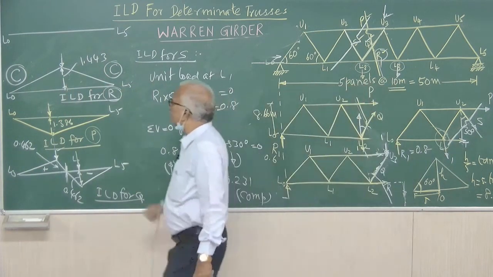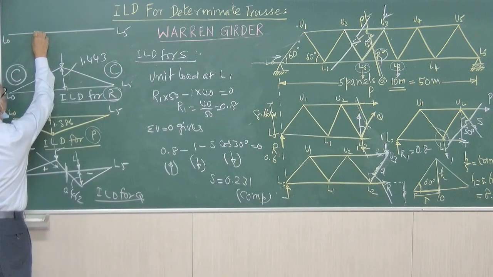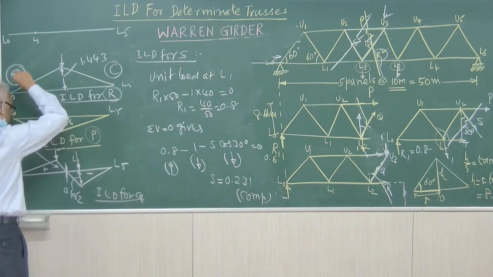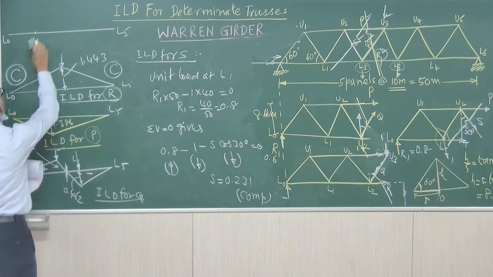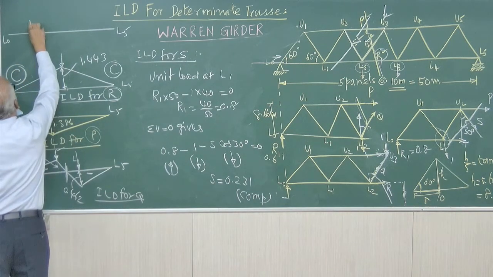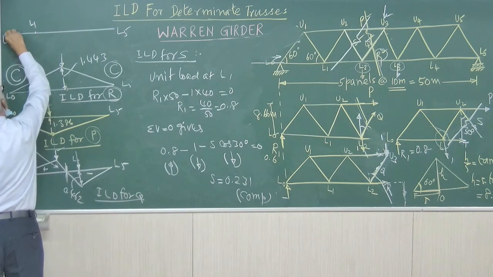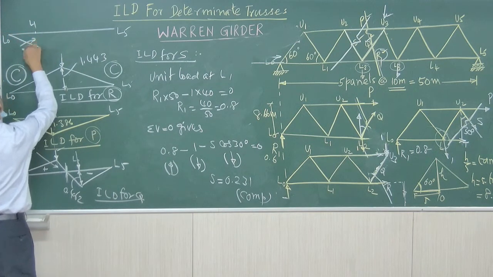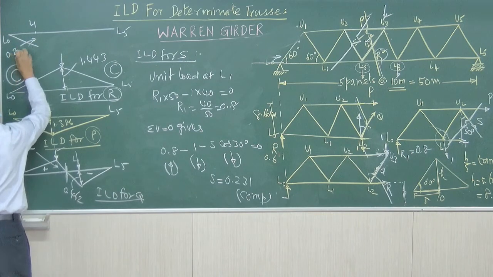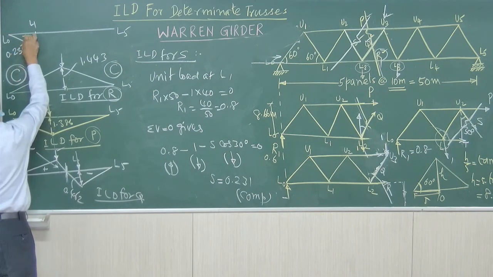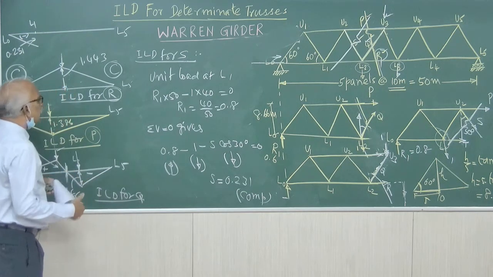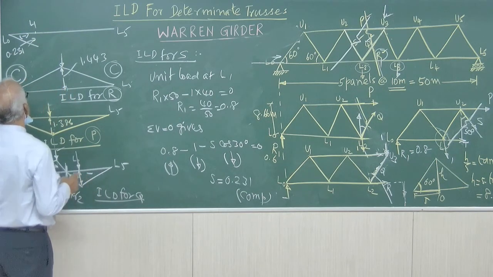So when you apply the unit force at L1, at the end of the first panel, this is L1, this is compressive, and this value is minus 0.231. So we have applied the unit force only to the left of the cut section.